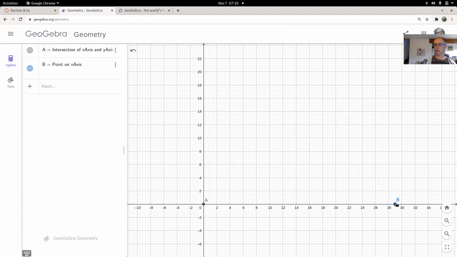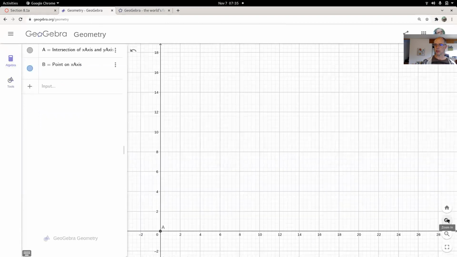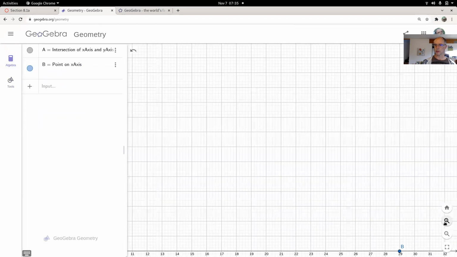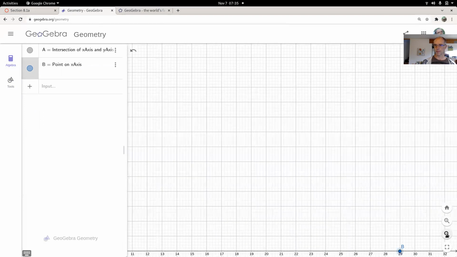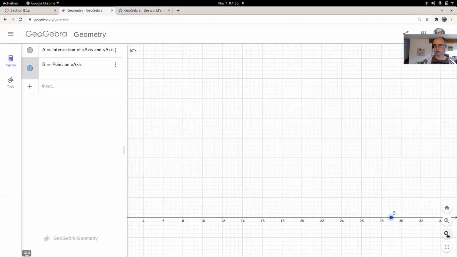And I want to double check the coordinates of that one. And it's not showing me. Let's do another zoom. Maybe zoom in again. All right, I just want to see that I'm on 29 there. There we go. So it'll snap to nice numbers. And the wheel on your mouse will also scroll.